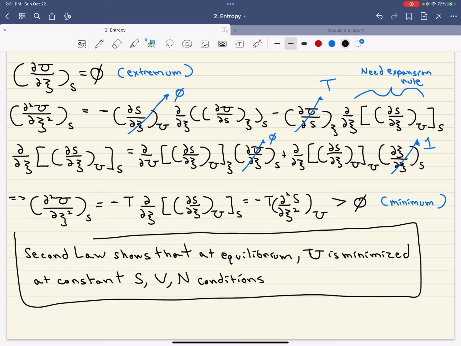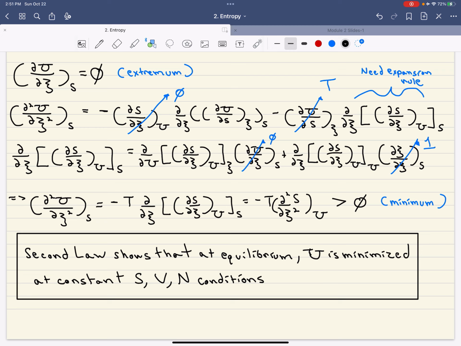So this definition is equivalent to the entropy maximization definition.